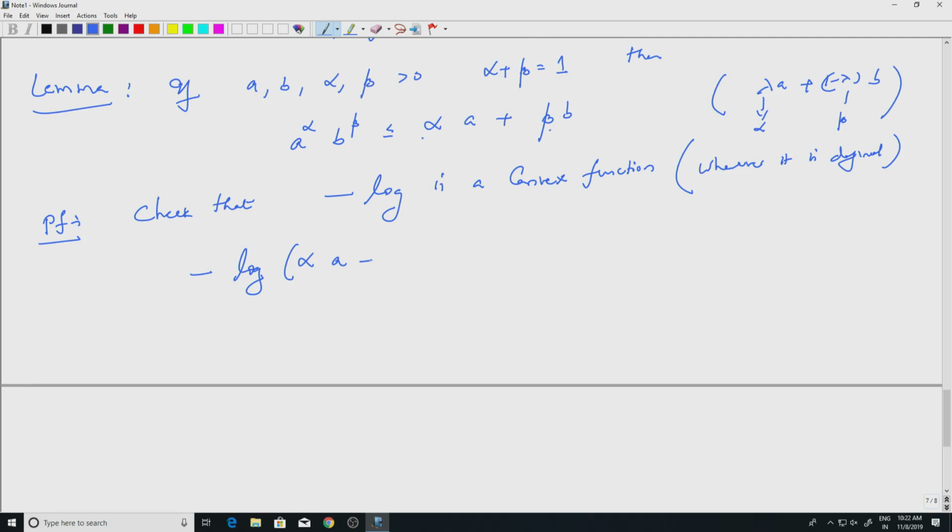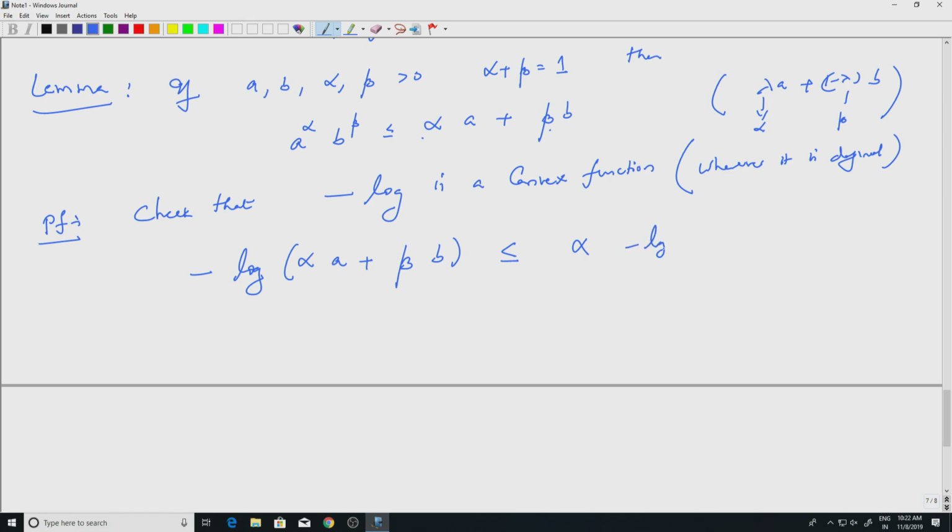of alpha a plus beta b is less than or equal to, so this is like phi of lambda x plus 1 minus lambda y, that will be less than or equal to lambda, here it is alpha, phi of a, right, the first.